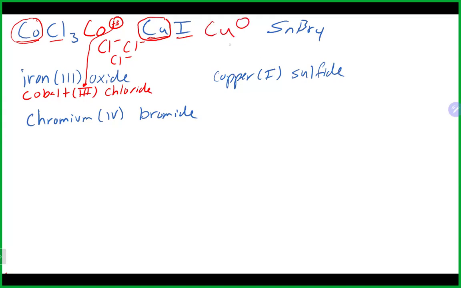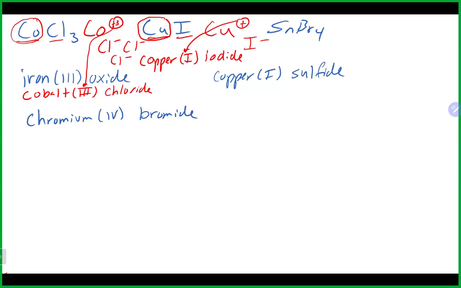We do know that I is group 7, has a -1 charge. So clearly to balance that out, we have a +1 charge on our copper. And this would be the whole name: copper, Roman numeral 1 because of the charge, and iodide, -ide. Any questions on those two?